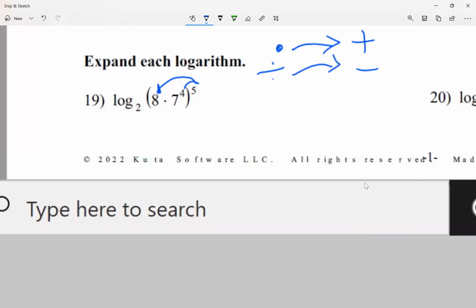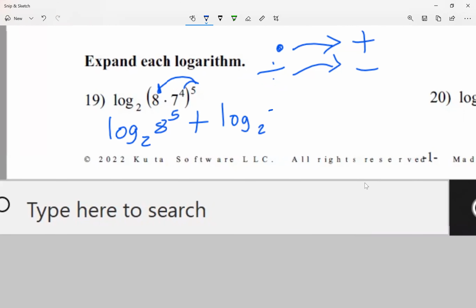So if I multiply the 5 to the exponents on the inside, I have log base 2 of 8 to the 5 plus, remember times is going to change to plus, log base 2 of 7 to the 20. The 20, remember I multiply my exponents. And so the multiplication inside a log becomes the addition of two logs.